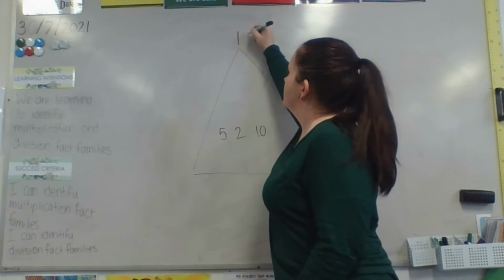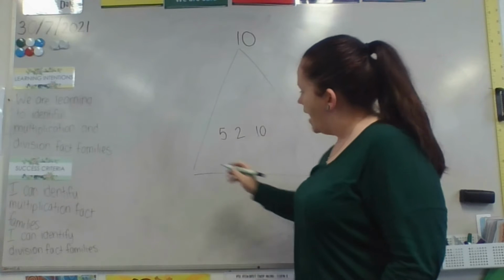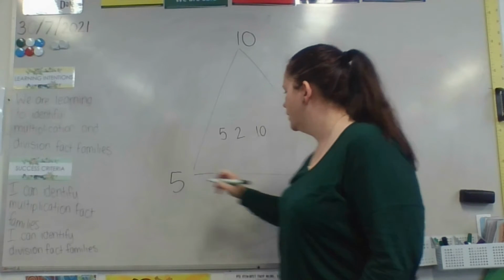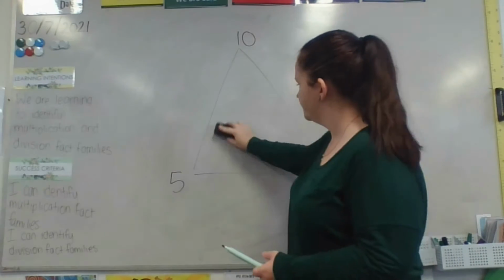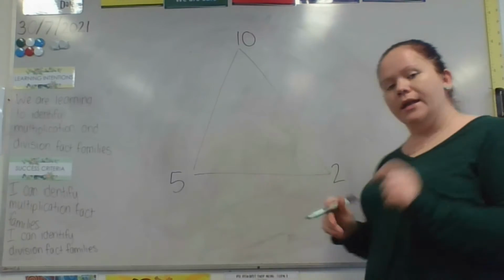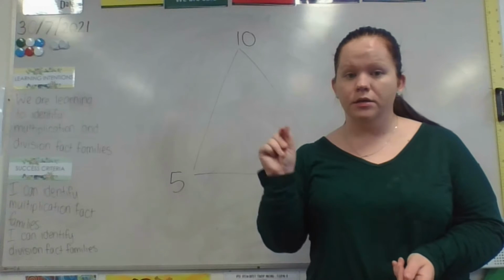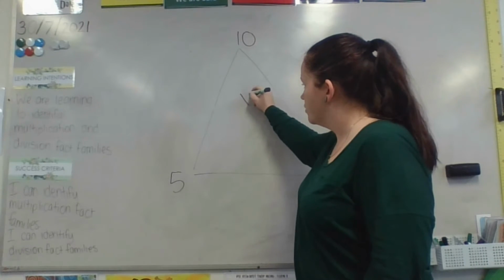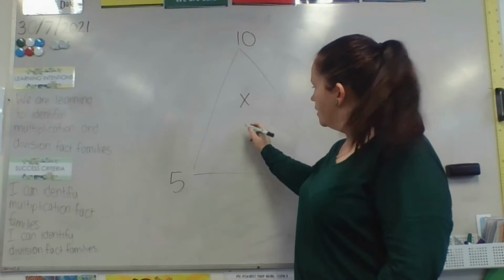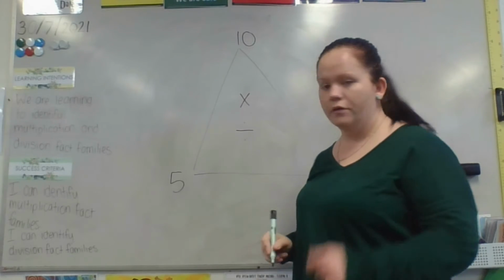So I'm going to put the number 10, and then I can put the 5 and the 2 at the bottom of the other ones. And then in the middle, I'm going to put a multiplication and a division sign. So I'm going to put our cross for our multiplication sign, and I'm going to put our division for our division sign.